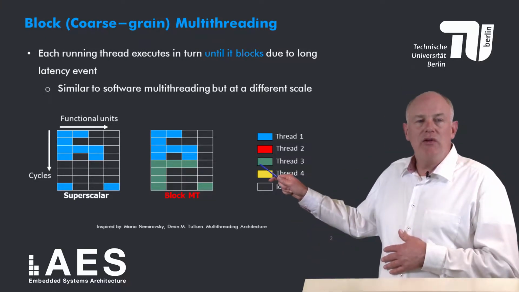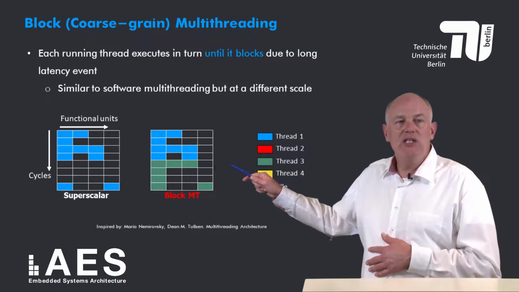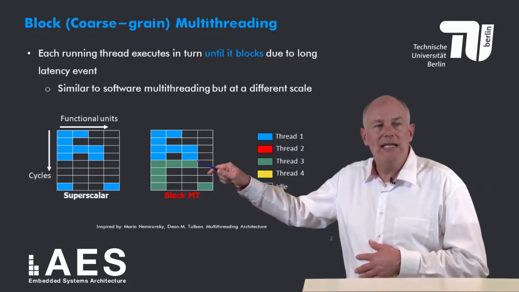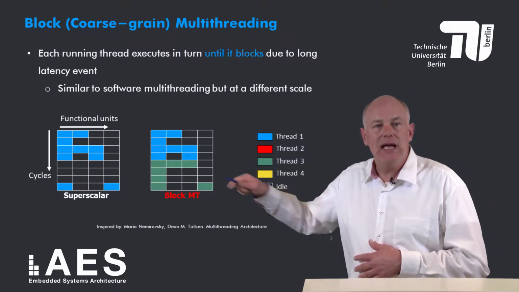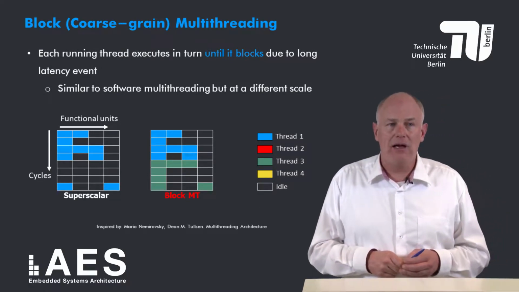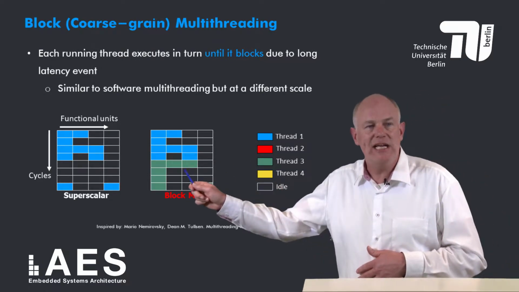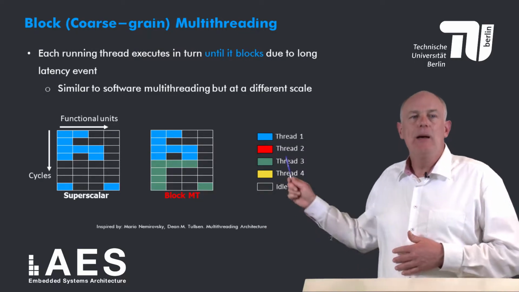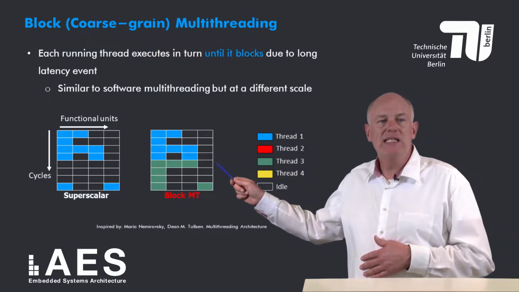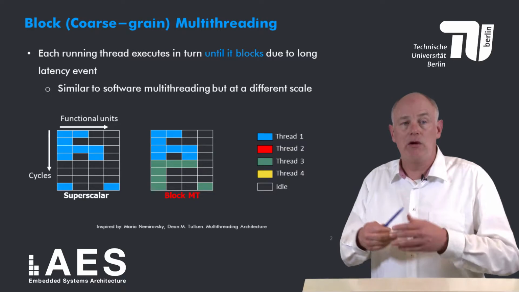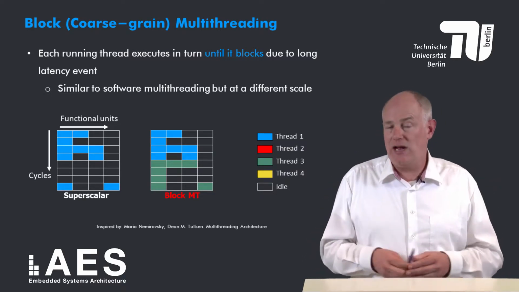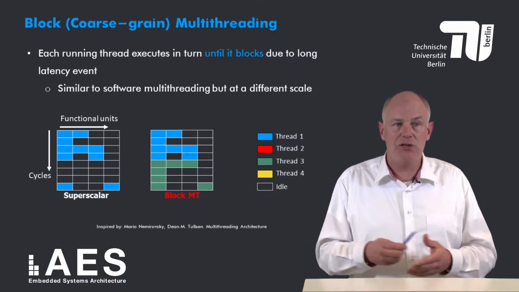In a block multithreaded processor, we try to fill this waste, called vertical waste in the famous paper by Tullsen, meaning none of the issue slots is occupied, by a different thread. We discover here after a certain number of cycles that the blue thread, thread 1, incurs a cache miss.